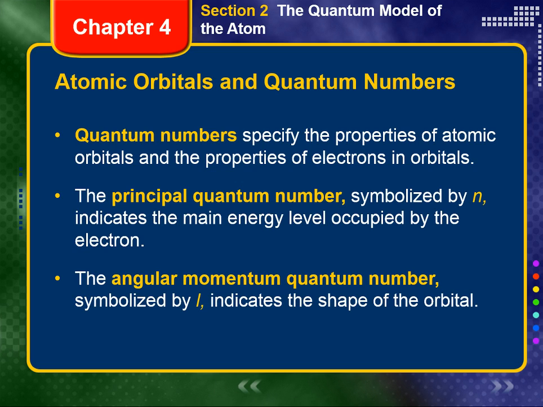The values of L that are allowed are 0 and all positive integers less than or equal to n minus 1. For example, orbitals for which n is equal to 2 can have one of 2 values corresponding to L: L is equal to 0 and L is equal to 1.